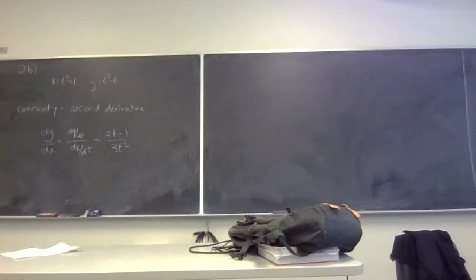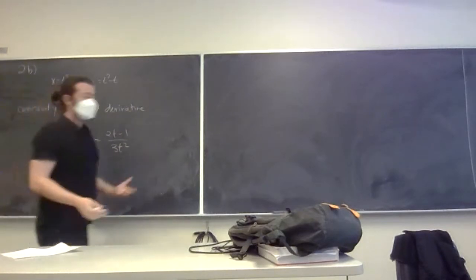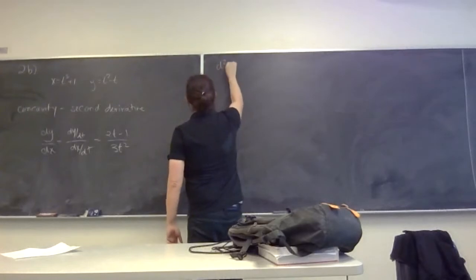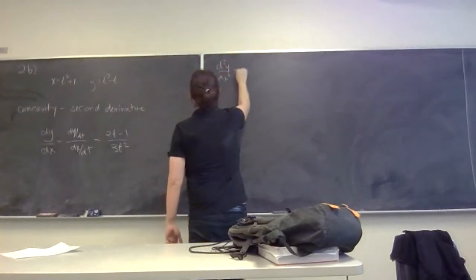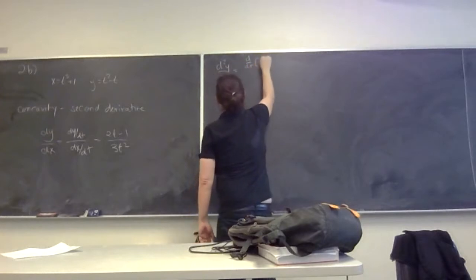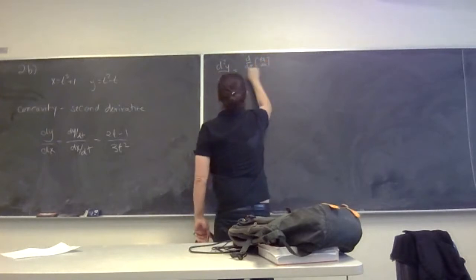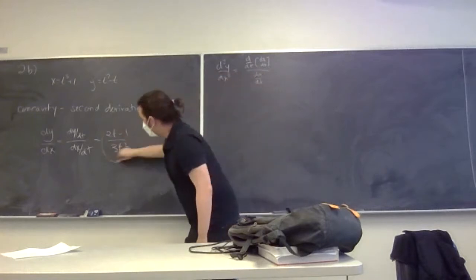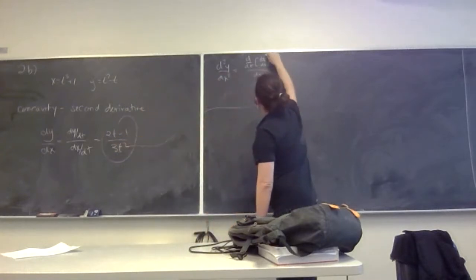Okay, now you have to remember how to get the formula for the second derivative. So the second derivative, d²y/dx², is the derivative with respect to t of dy/dx divided by dx/dt. So we took whatever we just computed, and we drop it right there.